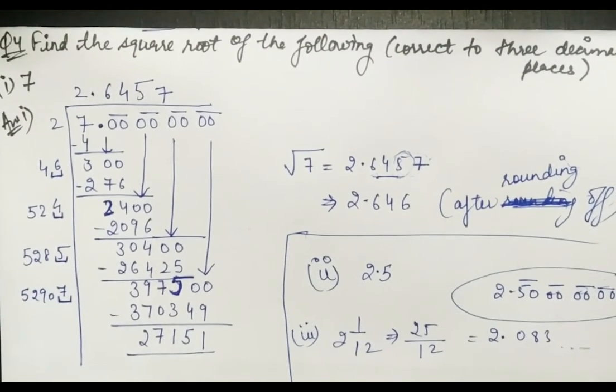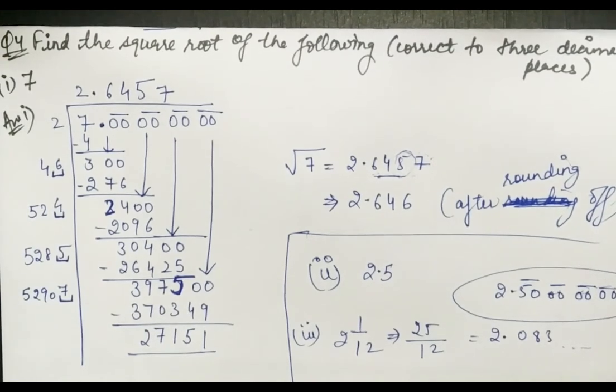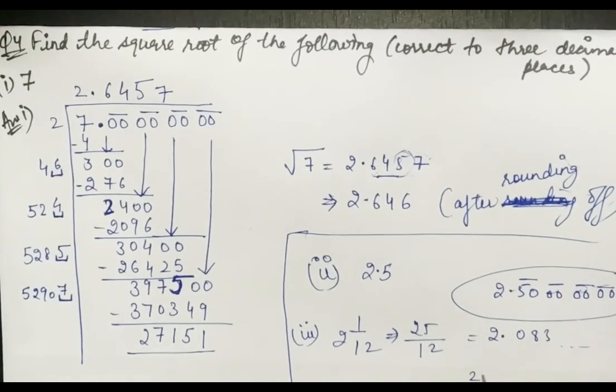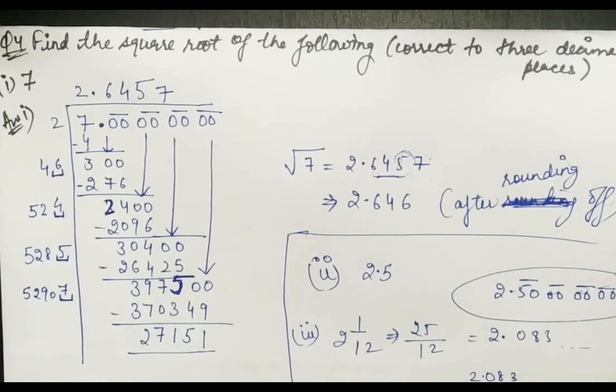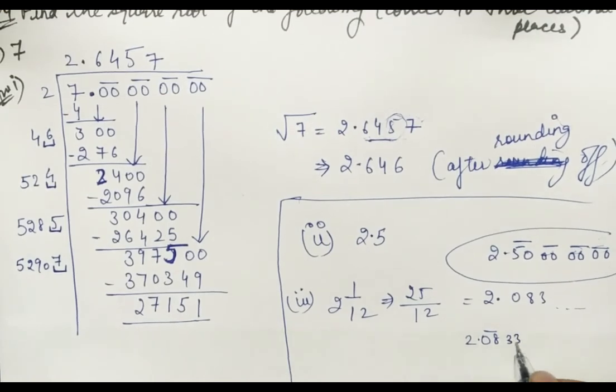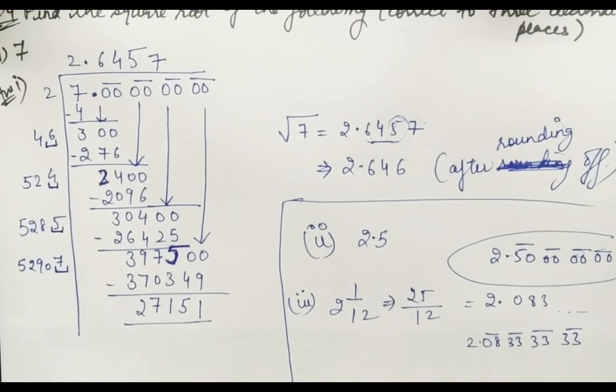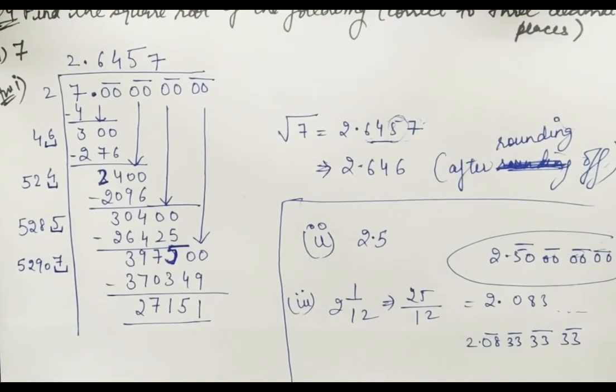But in this you don't have to make pairs like 0 0, you have to make pairs of 3 3 3, as the last number is 3. Like 2.083, one pair is this, second pair is this, third pair, fourth pair.